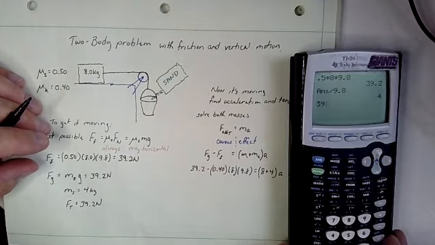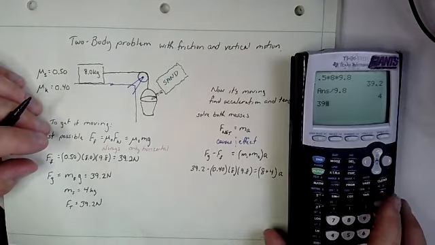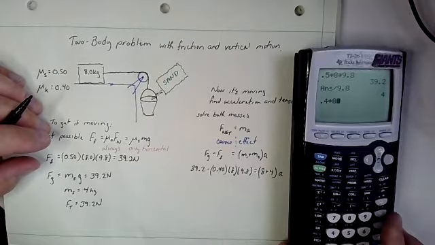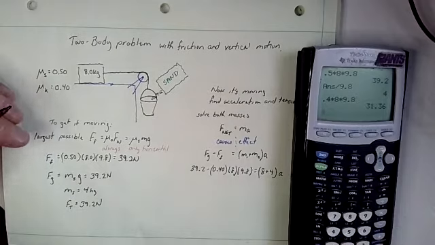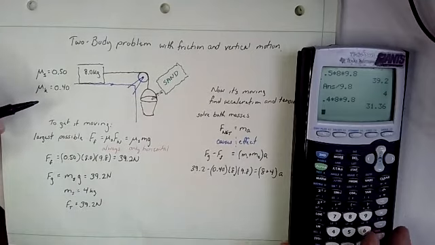So let's calculate friction first. So now we have 0.4 times 8 times 9.8. Okay, so friction decreases a little bit. It was 39.2, now it's 31.4.